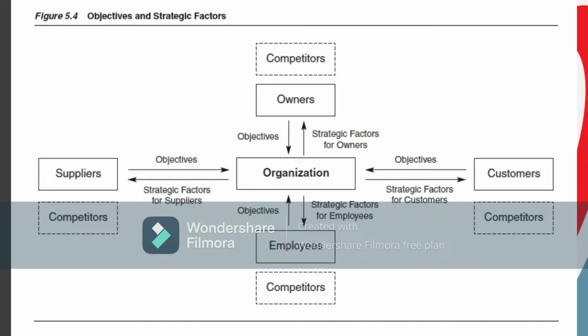What we want to do now is to see what use can be made of the arrows that travel in the opposite direction. These arrows are shown as strategic factors for customers, for employees, for suppliers, and for owners. So again, we are talking about strategic factors. So what do we have so far?